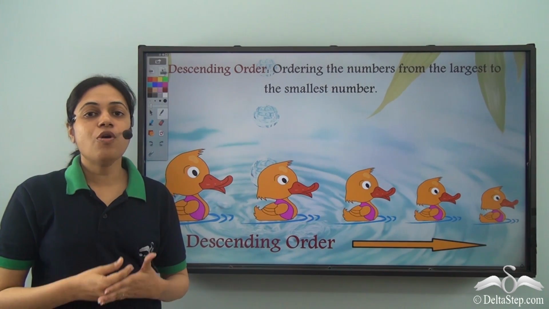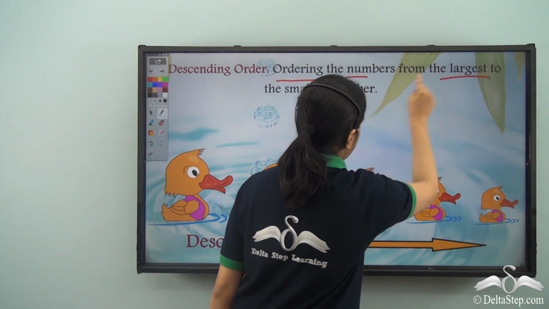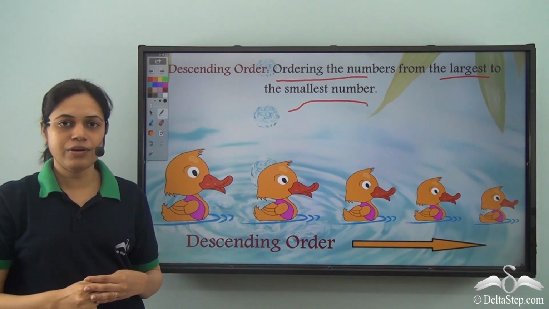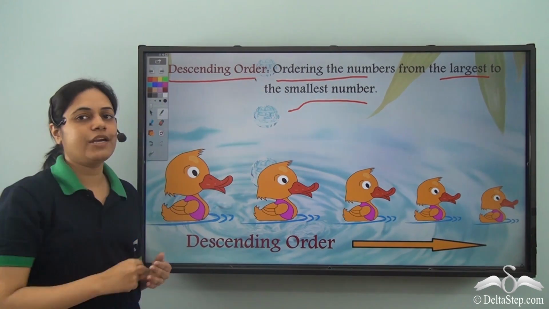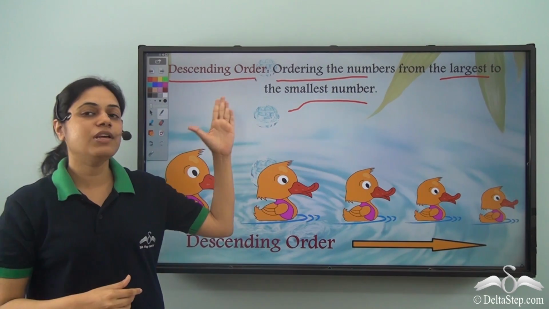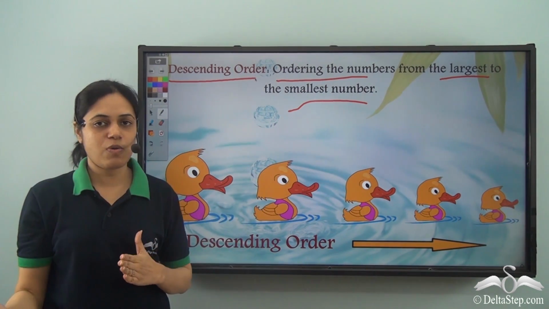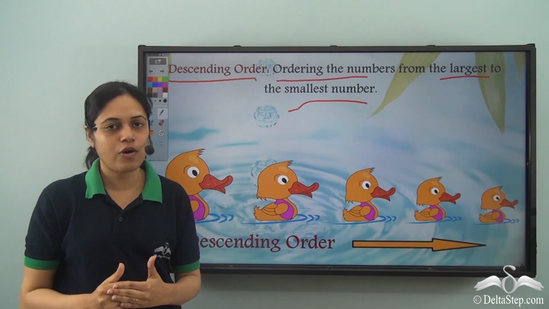We can also arrange the numbers from the largest to the smallest number. This arrangement is called descending order. So, when we arrange the numbers starting from the largest number to the smallest number, we say that we have arranged the numbers in descending order.